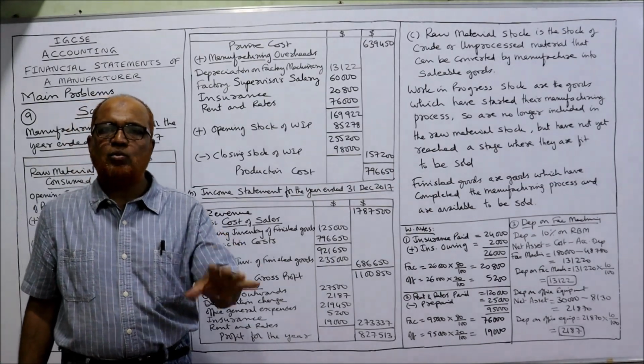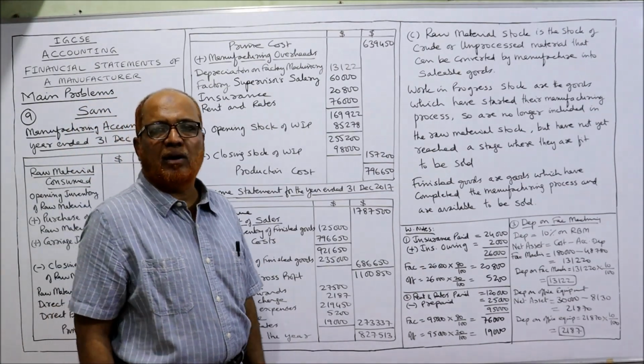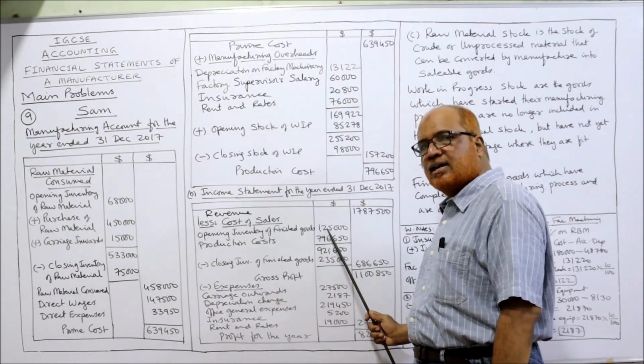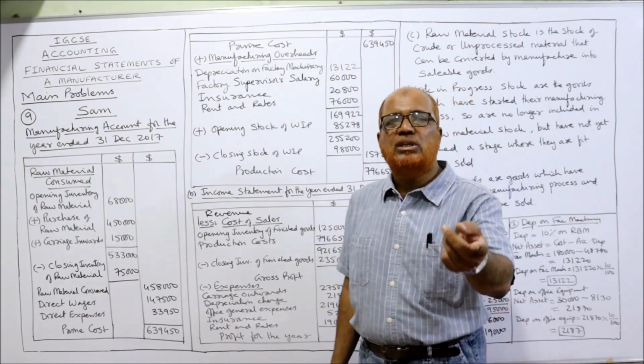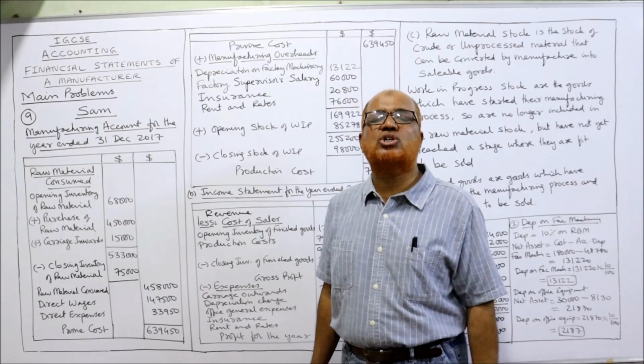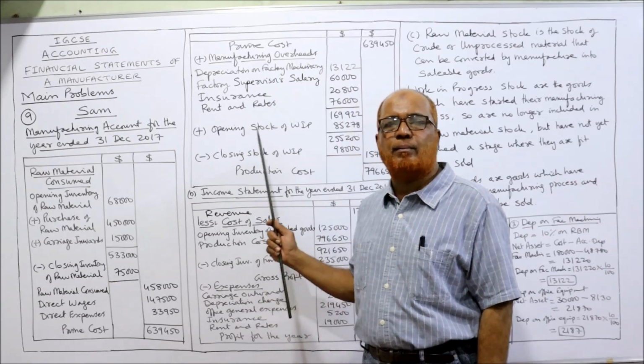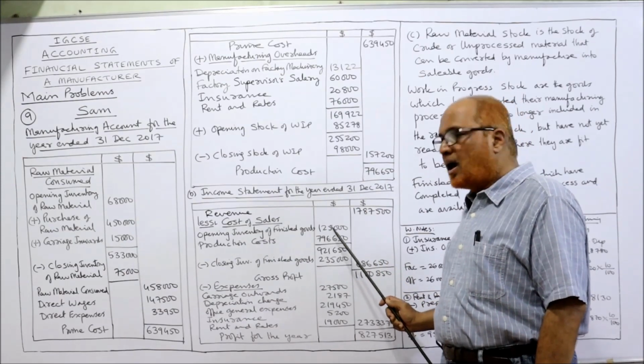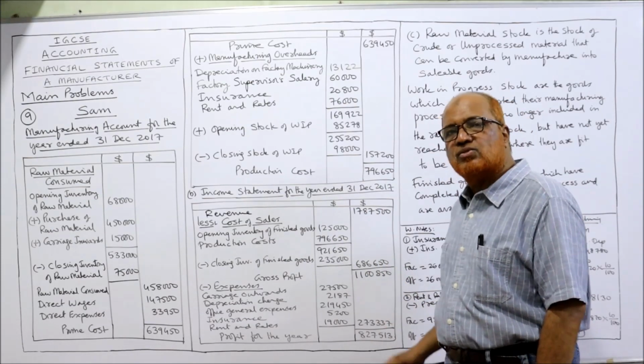Under cost of sales we take opening inventory of finished goods, 1,25,000 given. To this we add production cost, what we got from manufacturing account. Here 796,650. Add up both, 921,650.